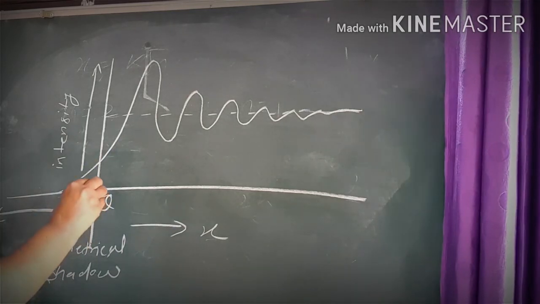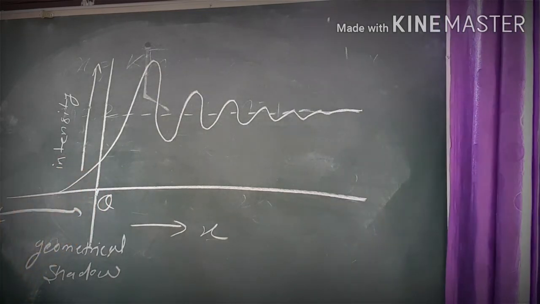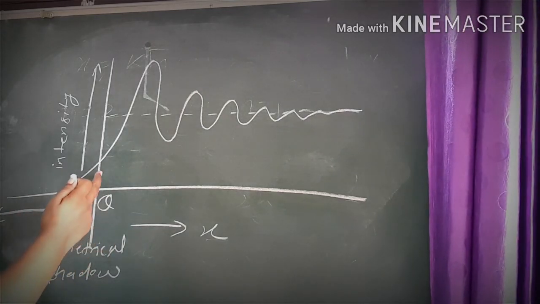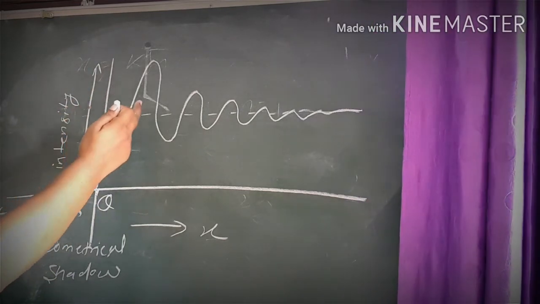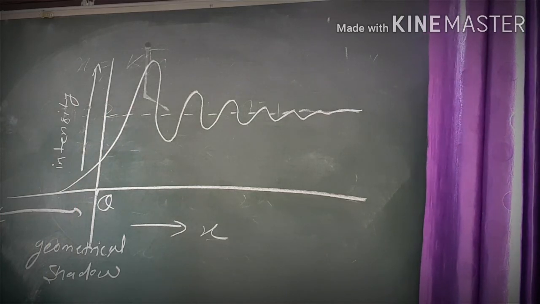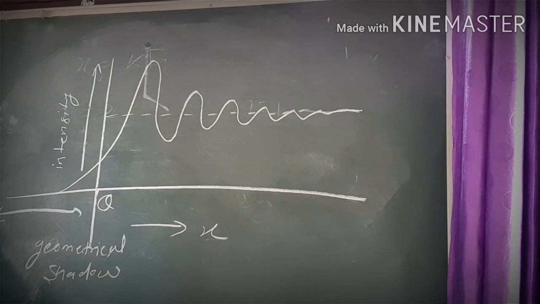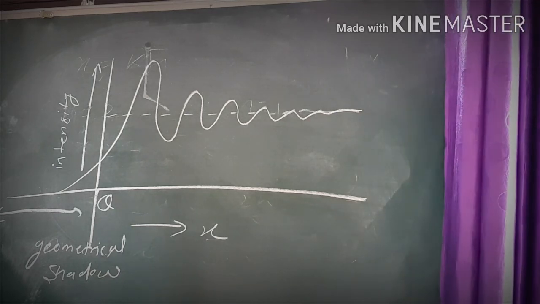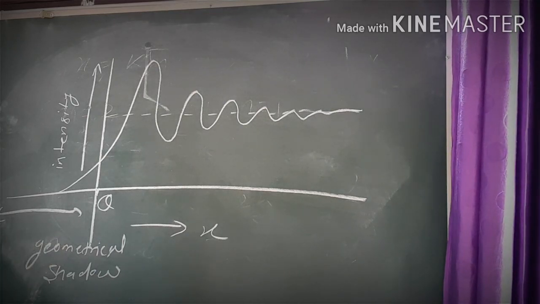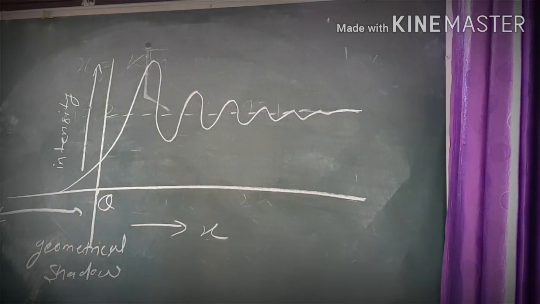At a point on the left hand side of Q, the intensity gradually decreases, and on the right hand side the intensity increases, and at some distance from Q we get the first maxima. Up to a certain distance we get maxima and minima bands, the diffraction band pattern. After some time, because the distance between consecutive maxima and minima goes on decreasing, at some point we get general illumination.